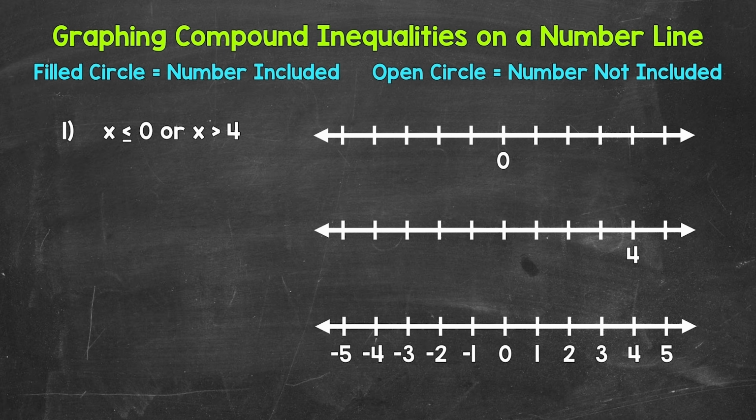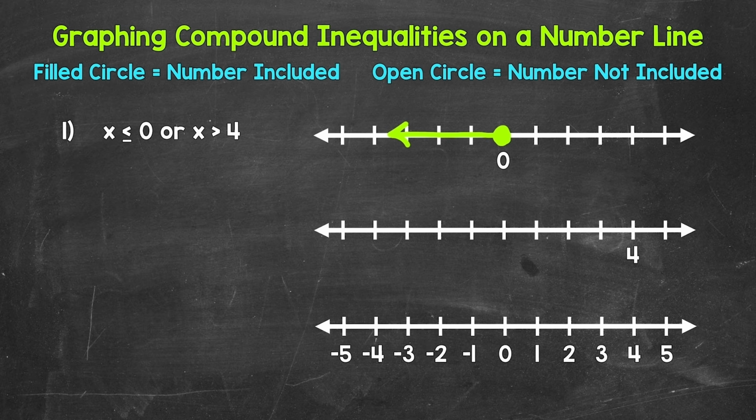Let's start with x is less than or equal to 0, and just focus on that. Now 0 is included, so we need a filled circle at 0, and then an arrow going left representing everything less than 0. So 0 is a solution and anything less than 0.